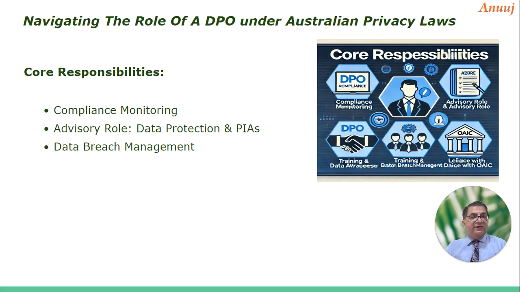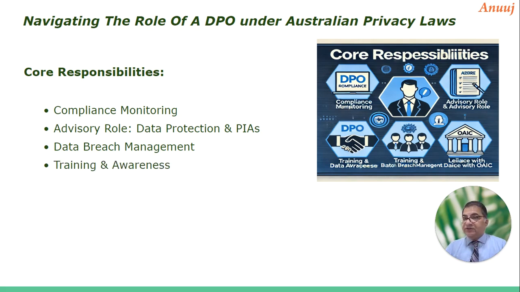Data breach management is another very important thing for any DPO to handle. He has to notify back to the Office of Australian Information Commissioner. So data breach management has to be handled very properly, and he has to inform the DSRs also. Privacy breach impacts your business reputation as well, so you need to be very careful with it.